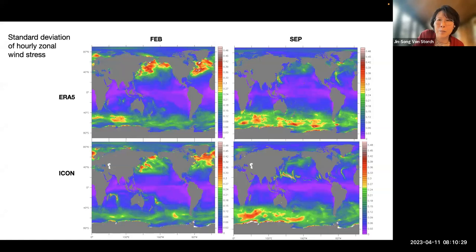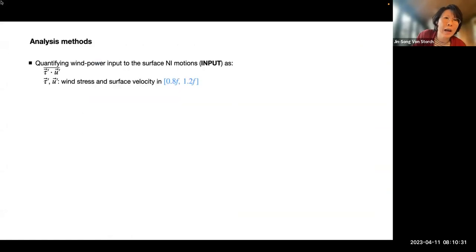That's what we have. What we are going to consider, first of all, is the input at the surface, the near inertial motion input. This is calculated as the covariance between the wind stress anomaly and the surface velocity anomaly.